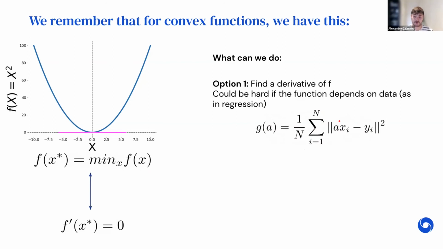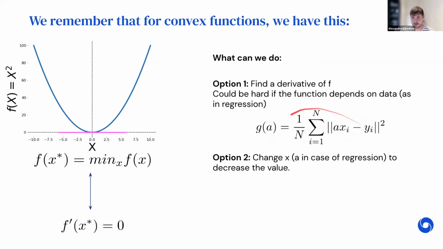It can be a very hard function to analyze. Or, instead of analyzing the derivative, if we are somewhere here on the function, we can change the x and try to move it to the minimum.